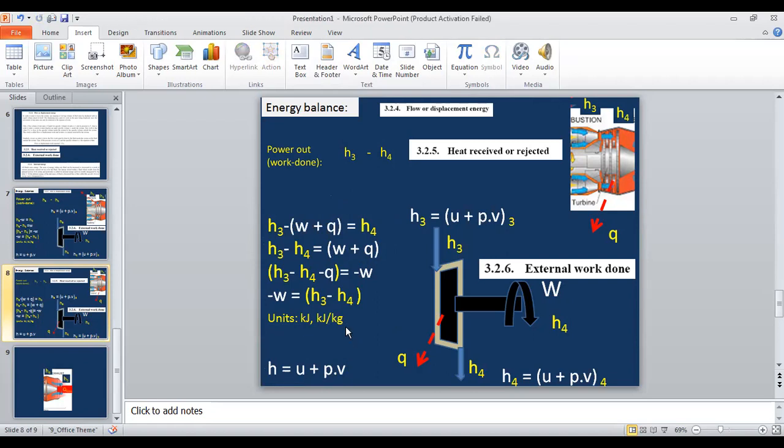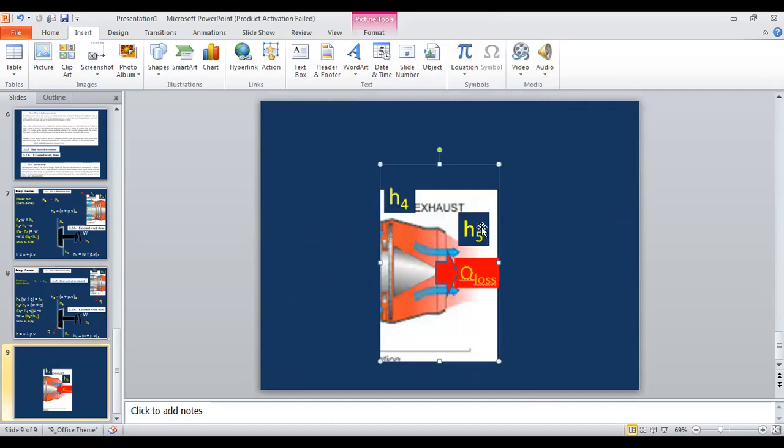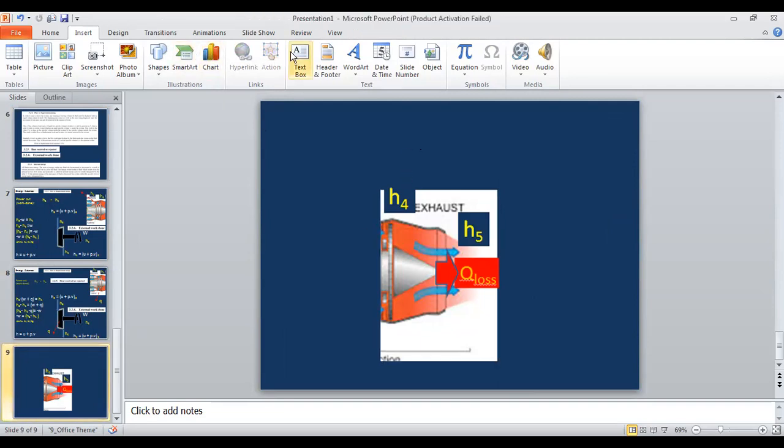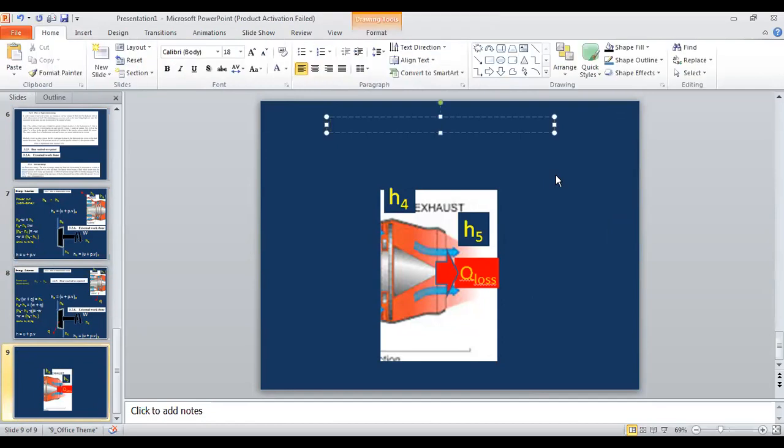See, interesting. This seems like a nozzle. So flow through a nozzle section. Actually, you have to understand this.